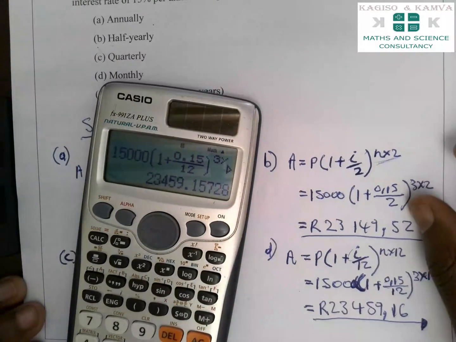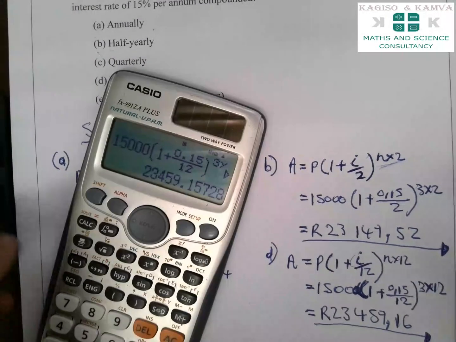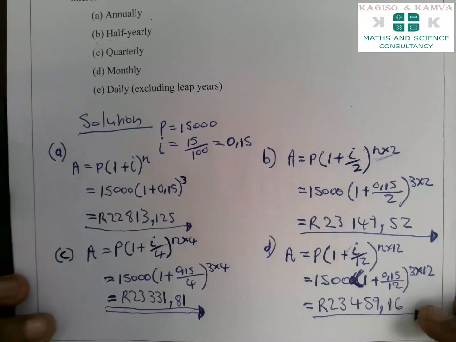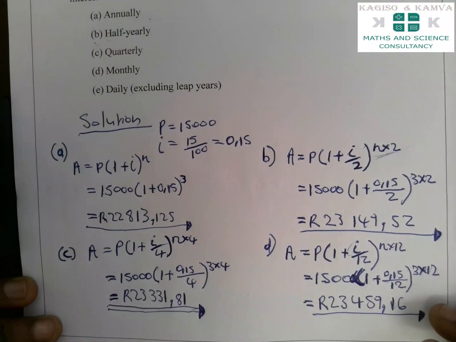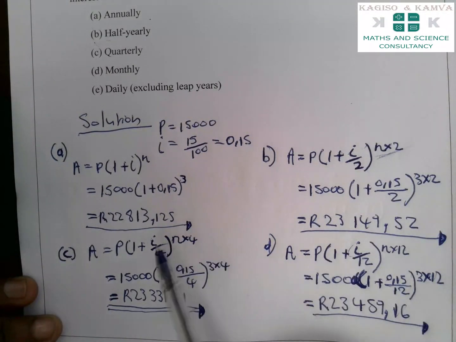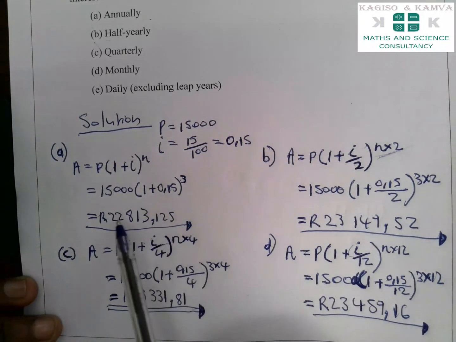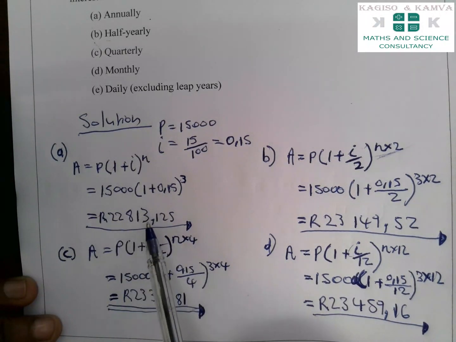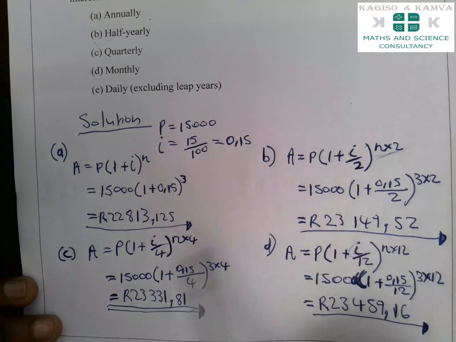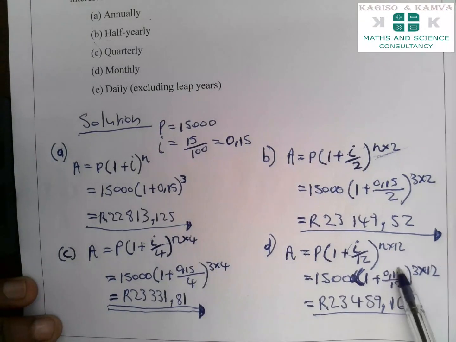Okay, so we can see that as we compound for different time periods during a year, the accumulated amount continues to increase. Here it was compounded half yearly, quarterly, and here monthly.